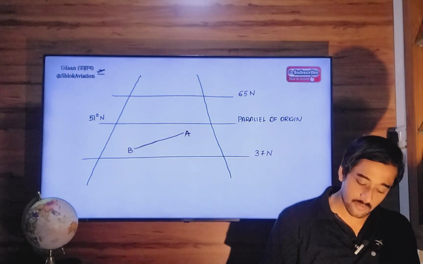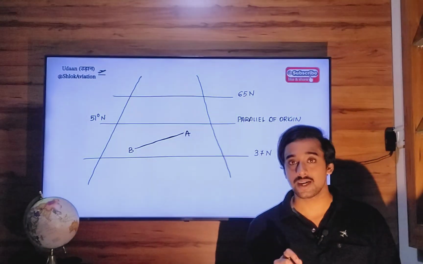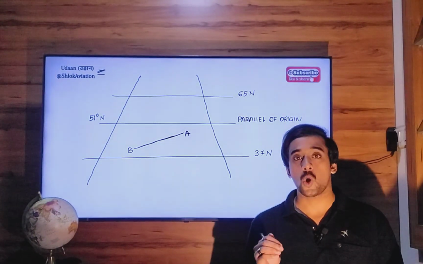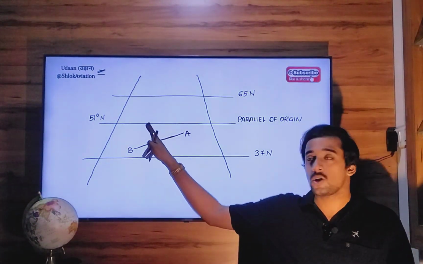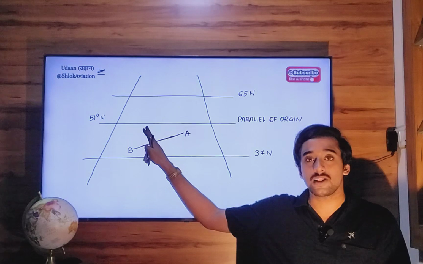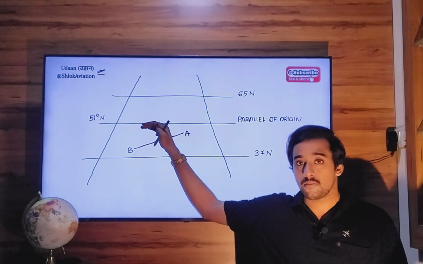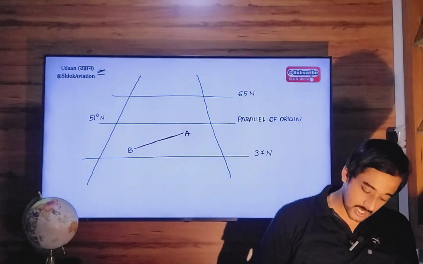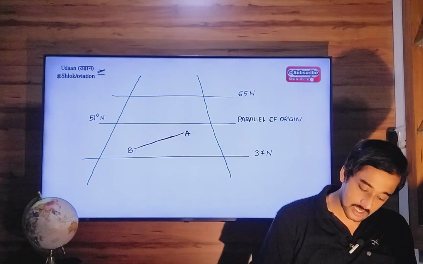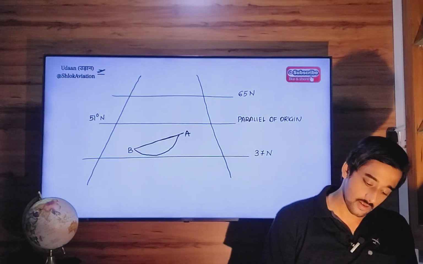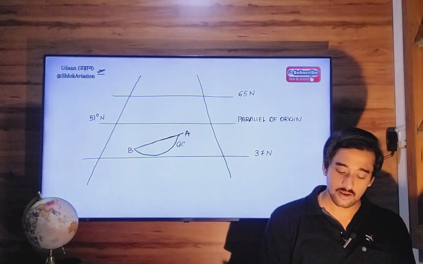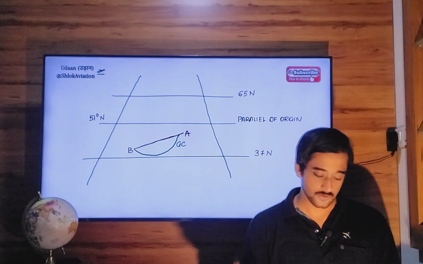Now always remember, on Lambert's chart, the great circle will be a curve concave to the parallel of origin. Concave means it will be bending away from the parallel of origin. So the great circle here will be somewhat like this. Okay, it will bend away from the parallel of origin.